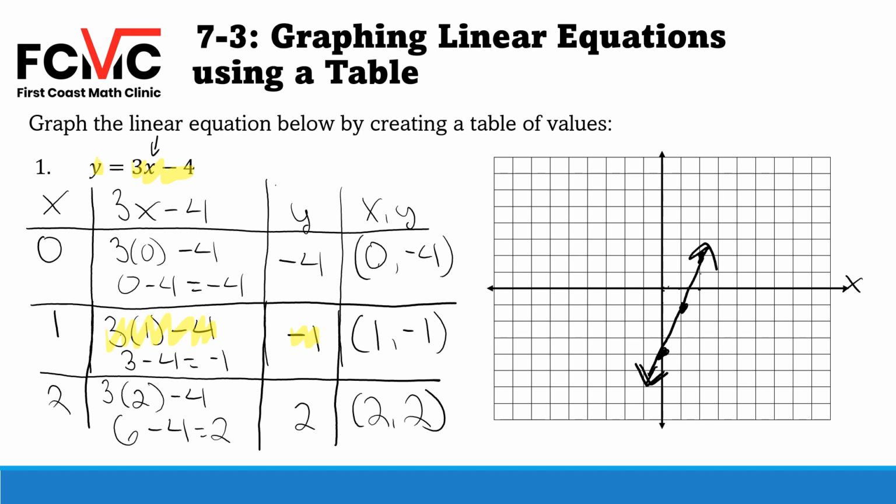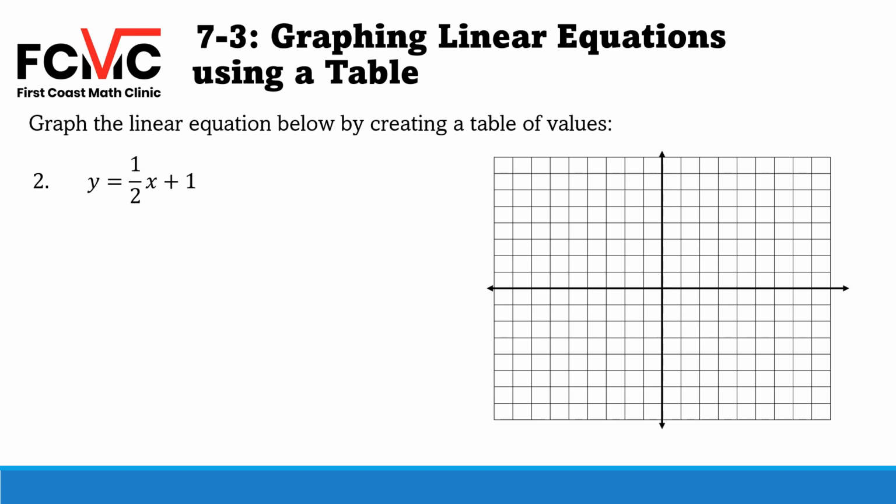So let's do an example of an equation where we have a fraction. So number 2, we've got y equals 1/2 x plus 1. So we're going to use the same method for our table. We're going to choose our values for x.